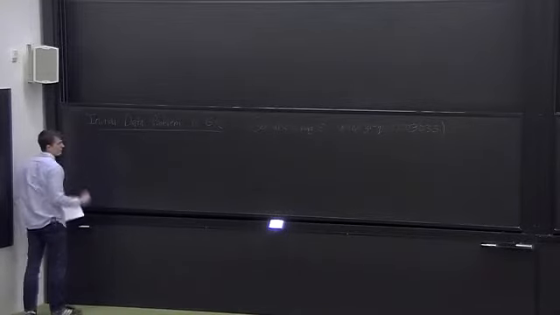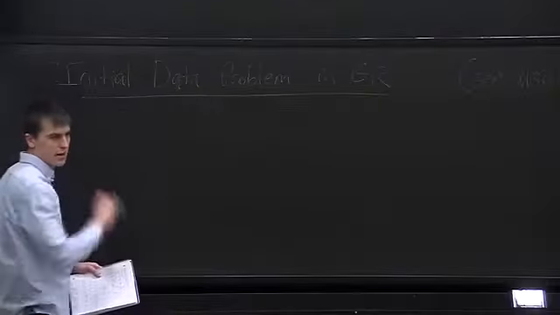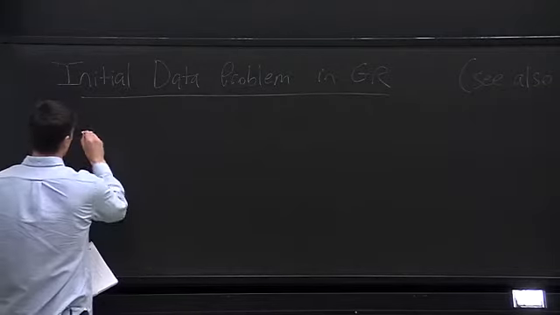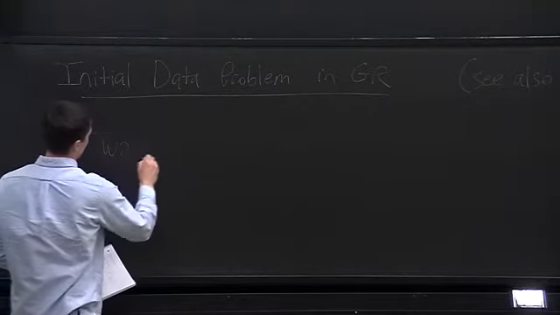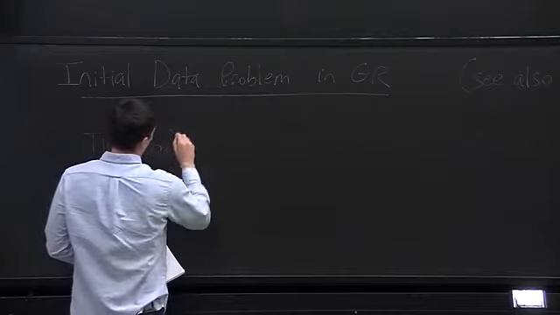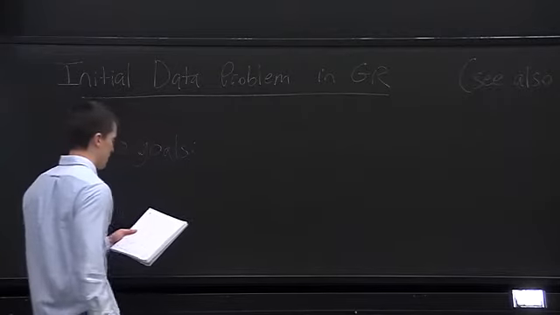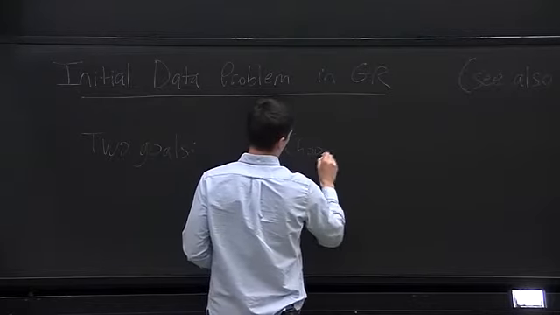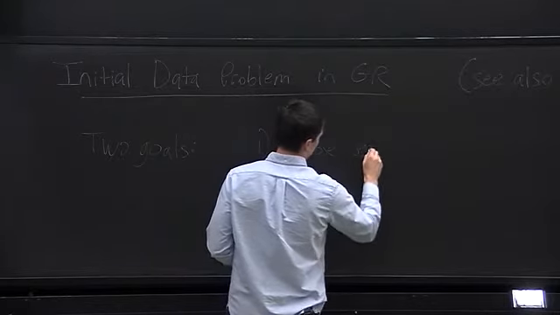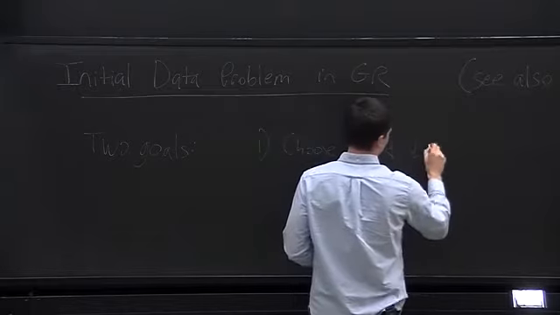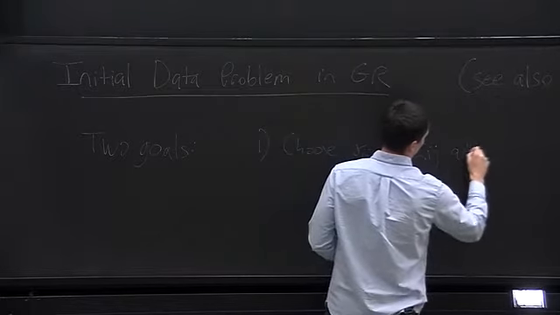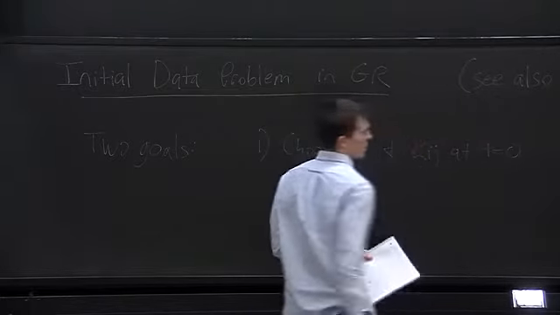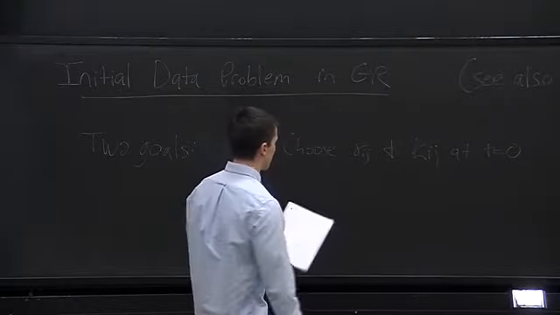Yeah, so when addressing this initial data problem in GR, we basically have two goals that are somewhat at odds with each other. So the first one is that we want to choose our 3-metric and our extrinsic curvature at initial time such that the Hamiltonian and momentum constraints are satisfied.